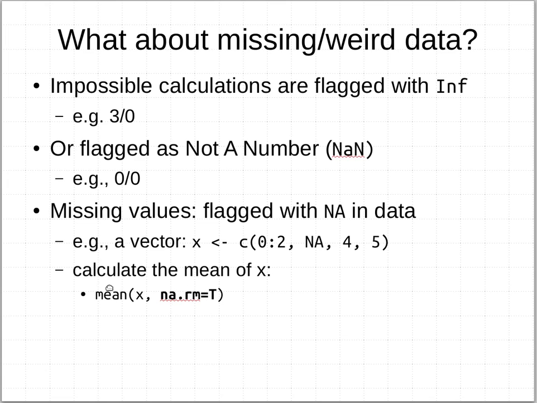And if I include that in some sort of statement, it says basically calculate the mean of x and remove any of the NAs that might be in the list. So then obviously I'm getting the mean of 0, 1, 2, 4, 5, right? Okay, so that's an easy way for you to skip past data where those NAs are missing, and you can even worry about those kinds of things for infinites and NaNs. But I think what you'll find most often is that those are calculations where you made an error and you need to fix it.